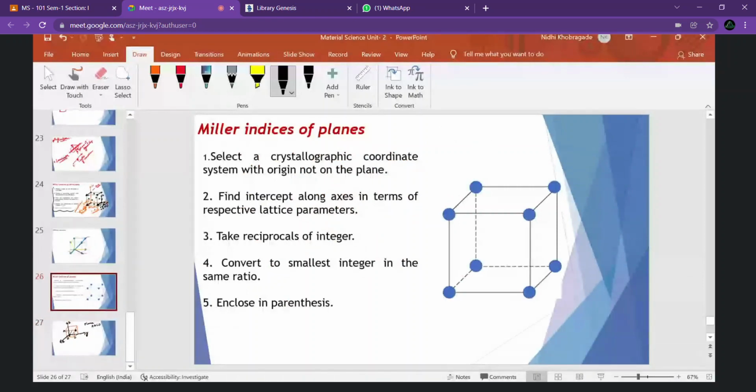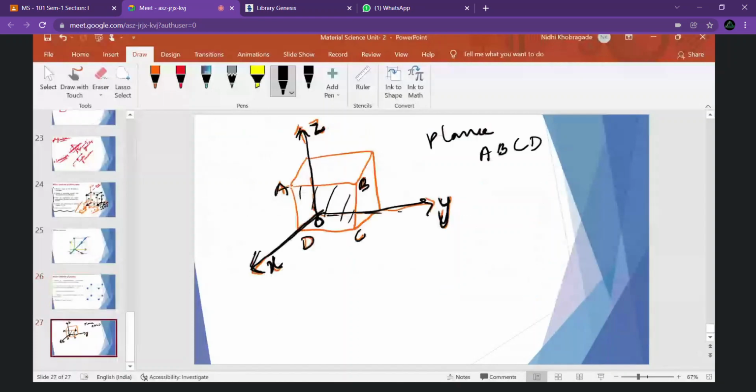So here is our origin with the x-axis, y-axis and z-axis, and the considered plane is A, B, C, D. From this origin, we have to find the intercept on the direction of x, on the direction of y, and on the direction of z.